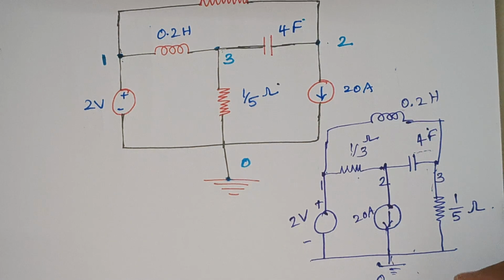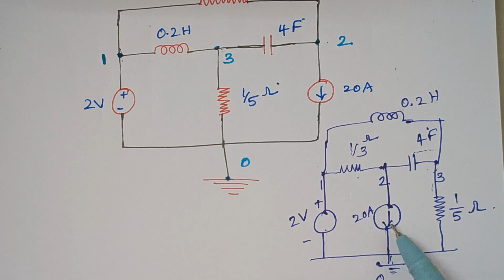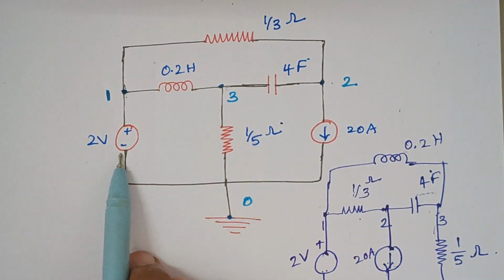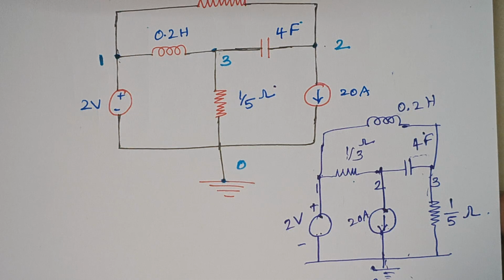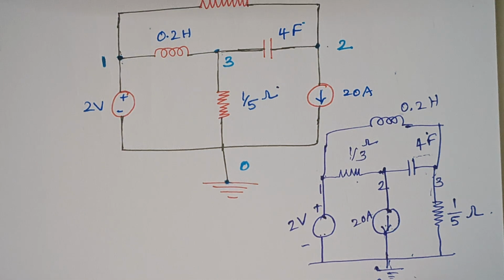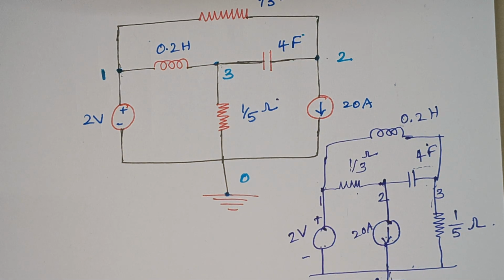Here the current source and voltage source are nearer to each other, but when you look at this, it looks in a specific way. But anyway, the diagram is correct and your answer is also correct. In either way you can draw, right?